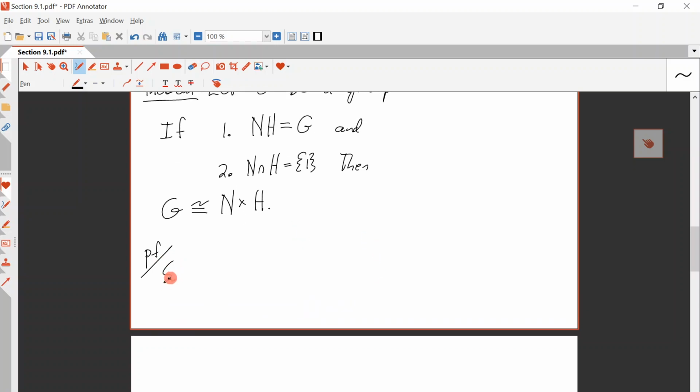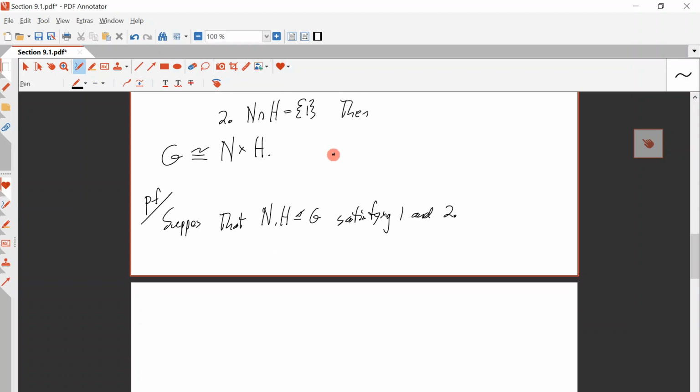All right, okay. So suppose that N and H are normal subgroups of G, satisfying 1 and 2. So first thing, we want to show that the following is true.